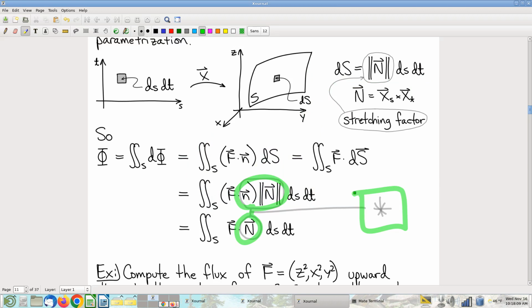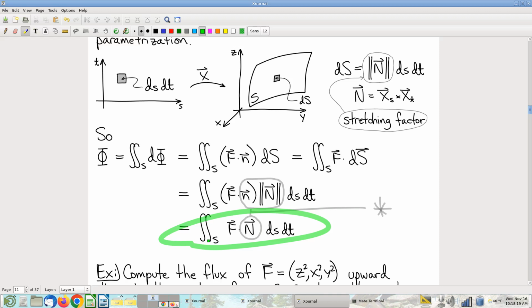I'm not saying exactly what the crime is just yet. We'll get to that. But anyway, full confession to come later. Here is a parametrized formula that you can compute knowing only your parameterization, right? Out of which you get the n vector, and which you then plug into your capital F vector. And so from a parameterization, you can compute flux with this formula here.